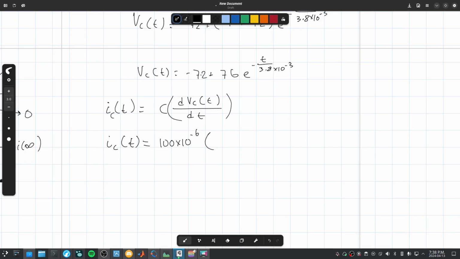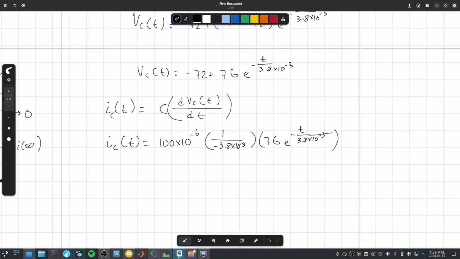Times the derivative. With the derivative, that goes to 0. That comes down. So you get 1 over negative 3.8 times 10 to the negative 3, 76 e to negative t over 3.8 times 10 to the negative 3.